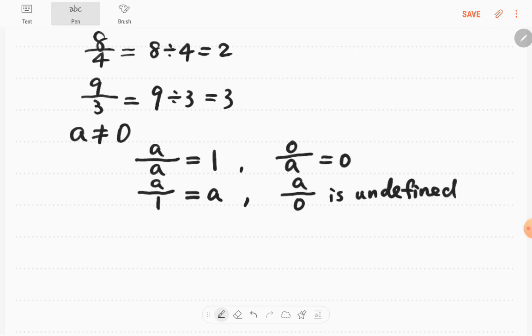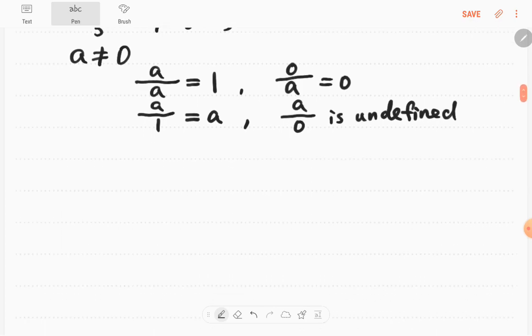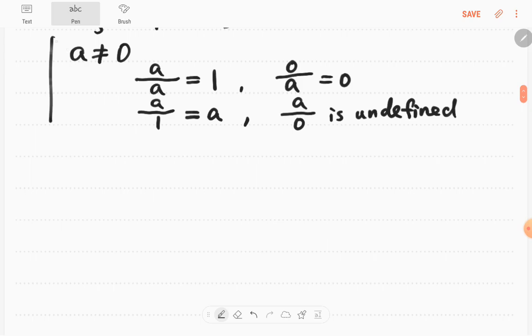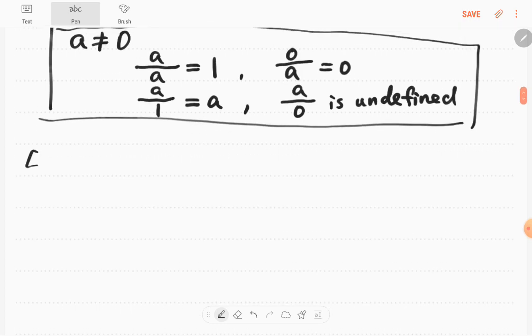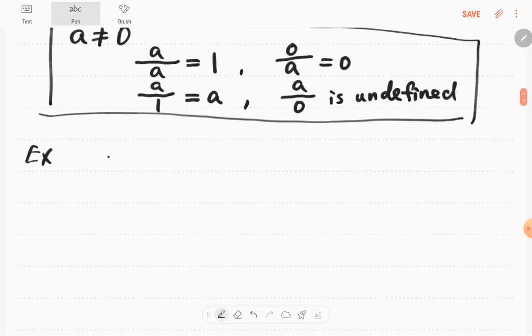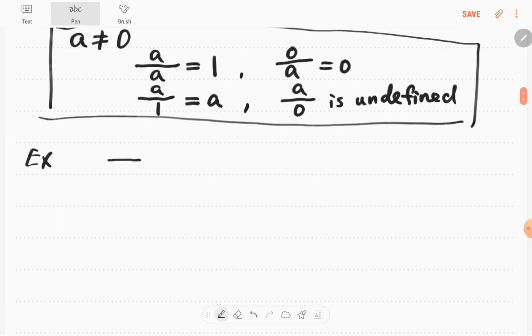Okay, let's check some examples to help you understand the properties. These are the properties, so let's check several examples. Let's check the first property, A over A is equal to 1. So we will say A is a non-zero number.